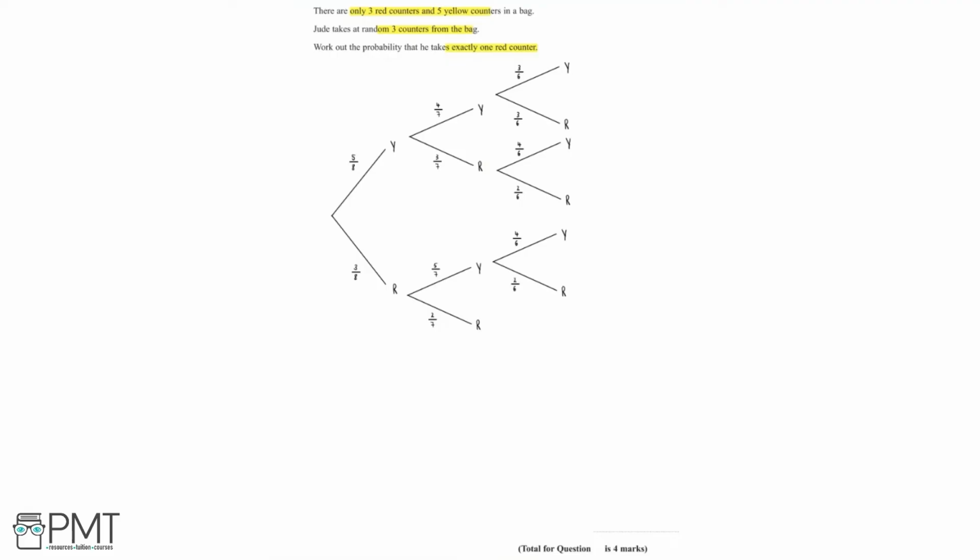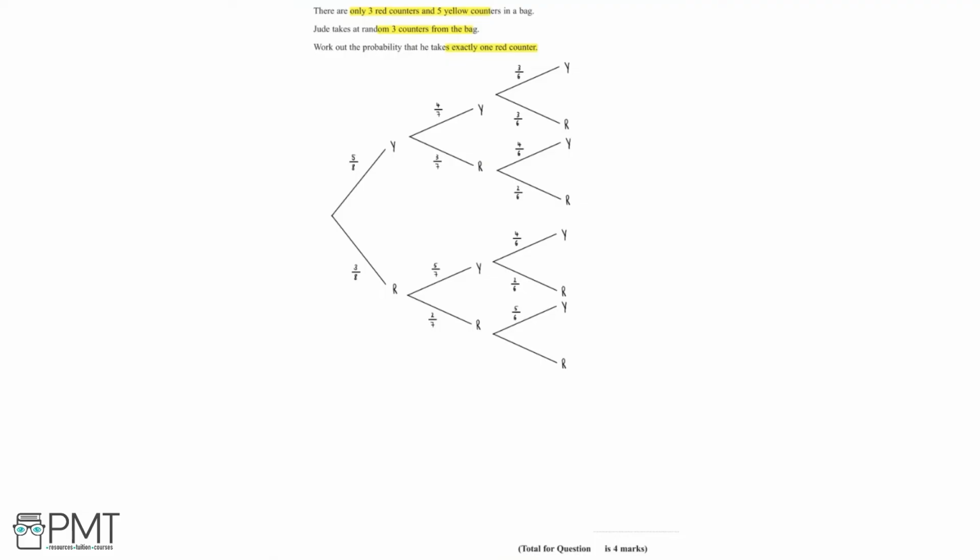And finally, we're in the last part of our diagram, and we need to consider what happens when he takes red the first time and red the second time. We know that since this is the third go, 2 counters have already been taken, and so there'll be 6 counters left in the bag, and we'll have a denominator of 6. If he's taken red and then red, that means the number of yellow counters in the bag is unchanged, and so we still have 5 yellow counters left, out of a new total of 6.